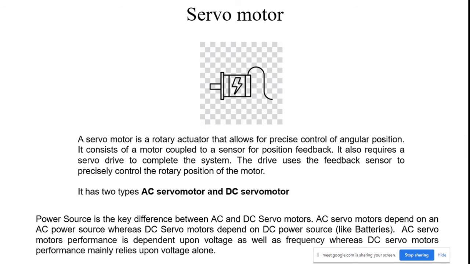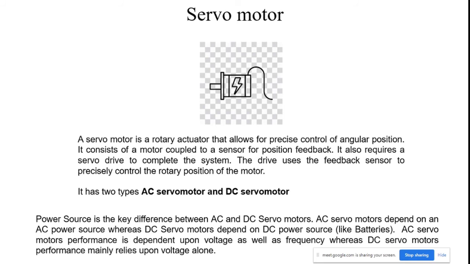And then the servo motor. Now the servo motor is also used to control the machine axis. A servo motor is a rotary actuator that allows for precise control of angular position. It consists of a motor coupled to a sensor for position feedback.